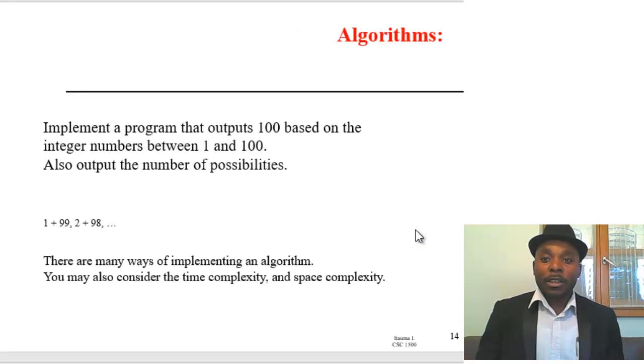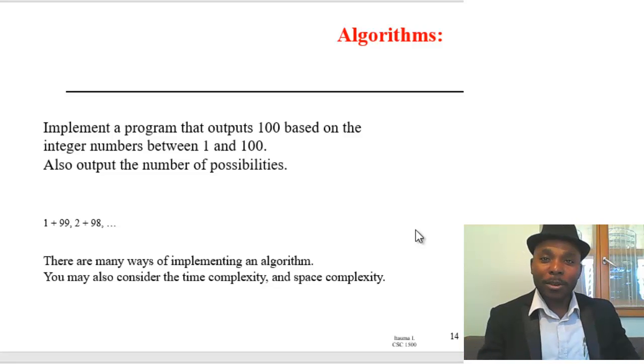The other topic we would cover is algorithms. You should already know what an algorithm is because you've taken CSC 1100. So we will be able to solve problems like how to implement a program that outputs 100 based on the integers between 1 and 100, and also outputs the number of possibilities.